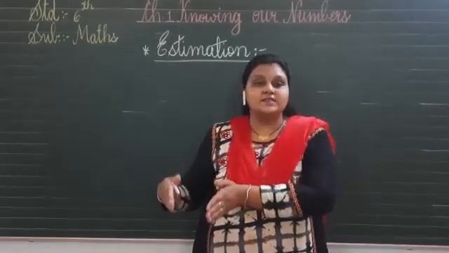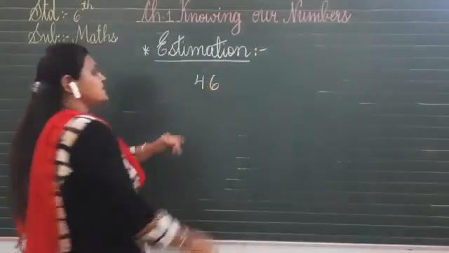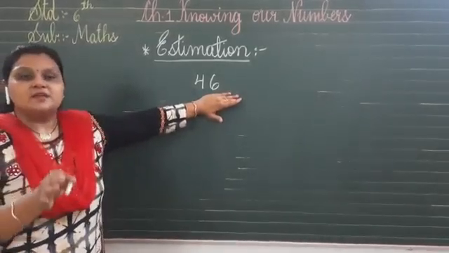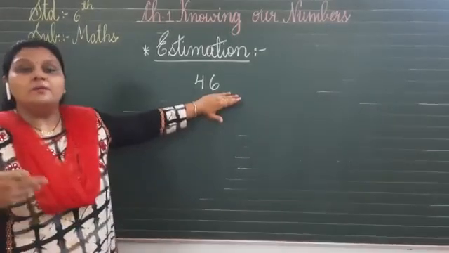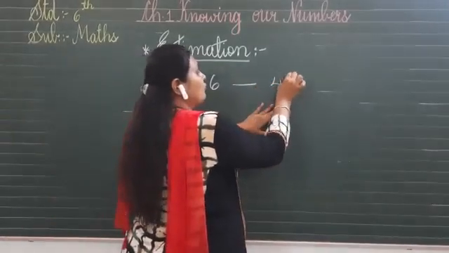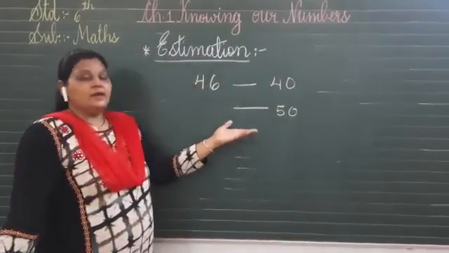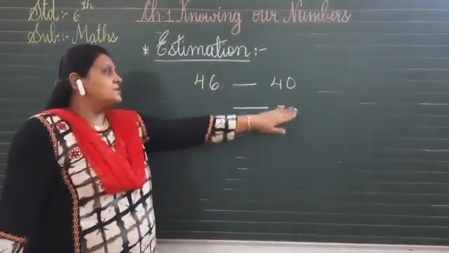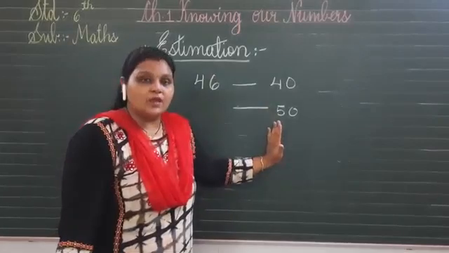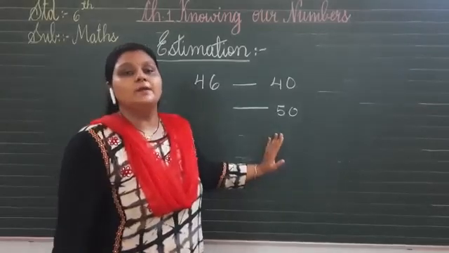For example, you have calculated 46 invitees will visit our function. But it may happen that on the day of the function it can be either 40 or 50, right? So these numbers are nearer to 46, so it is called rounding of the number or approximation of a number or estimation of any number.